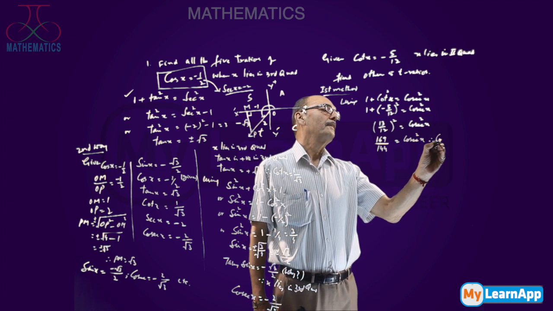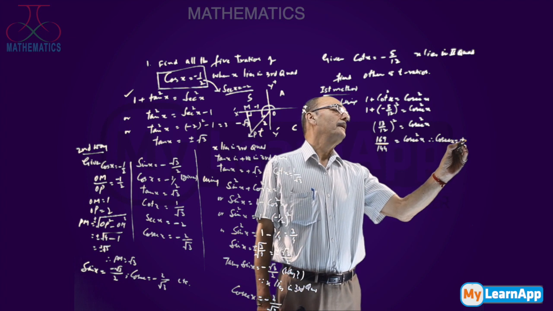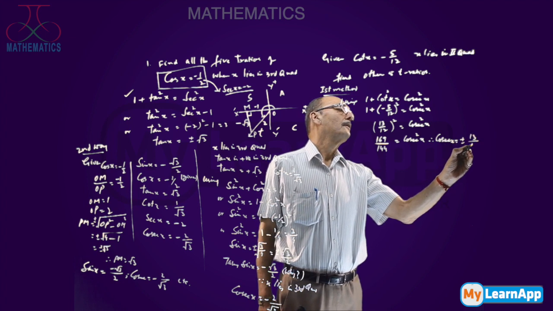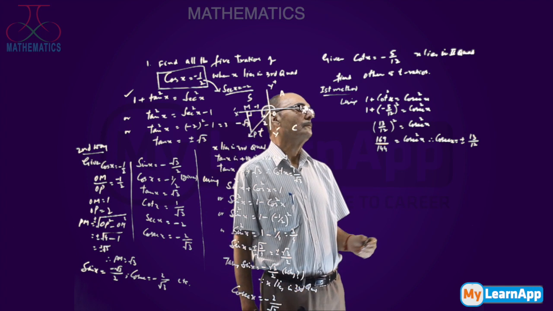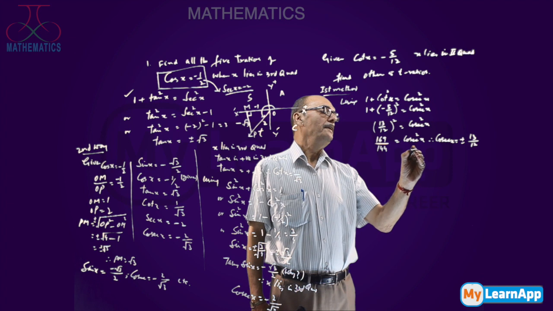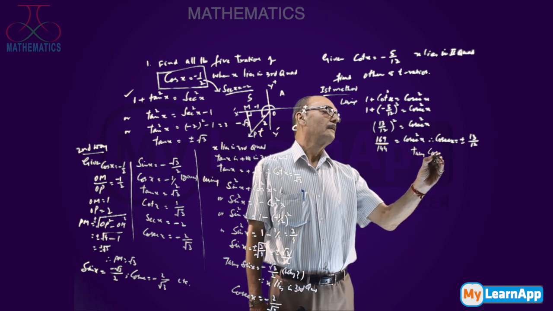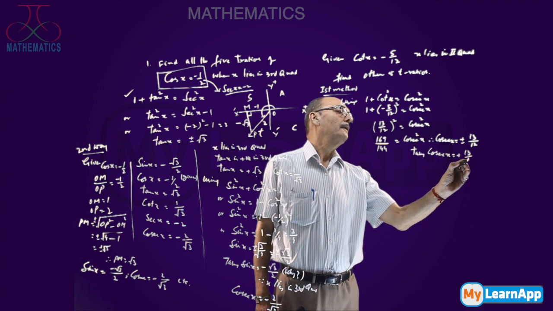Therefore, cosec x equal to plus minus 13 by 12, taking the square root. Taking cosec x equal to plus 13 by 12.